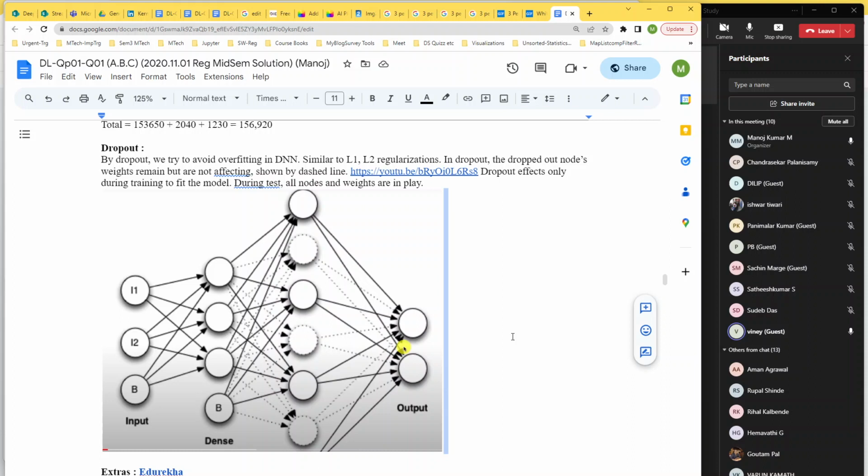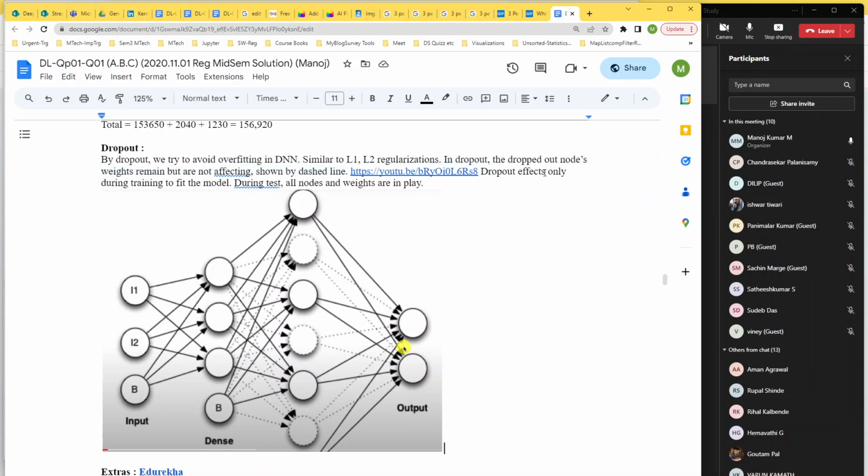Okay, fine. So are you able to understand why the dropout was introduced? By dropout, we try to avoid overfitting in the DNN. That's the only purpose we use dropout. There are other things also like regularization, which we will learn next, the L1 and L2 regularization.